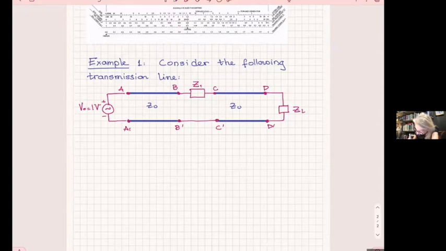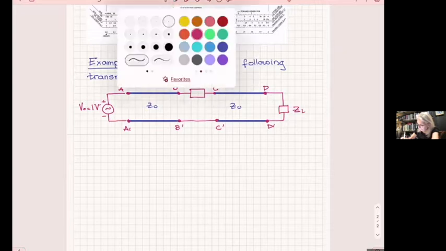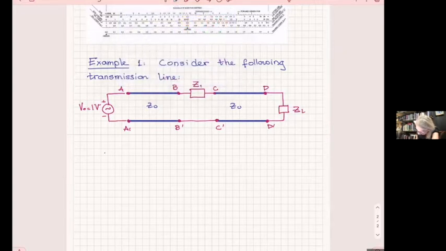And then I'm asking you to do two things. One, find the input impedance at AA prime.